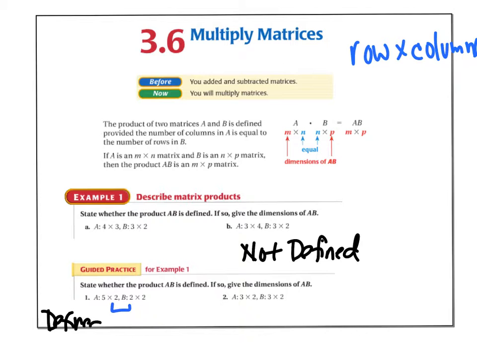Then you look at the outer numbers, and you would see that your answer would be a 5 by 2 matrix after you multiply it. For problem 2, looking at the inner numbers, 2 and 3 do not match up. So immediately you should know that you cannot multiply these together, and they are not defined.